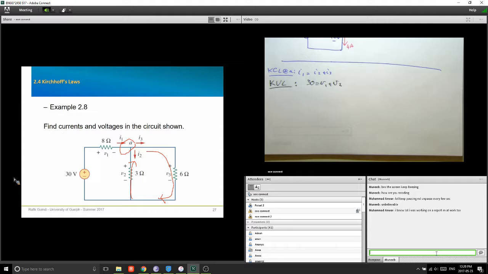I want somebody to give me Ohm's law for the first resistor here. Yes? V1 equals 8 times I1, exactly. The current through that resistor is I1, and it is flowing inside that resistor from the plus sign to the minus sign, so it is in accordance to Ohm's law, and you can write that. Now I need somebody to give me Ohm's law for this one.